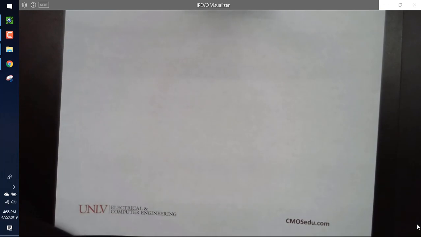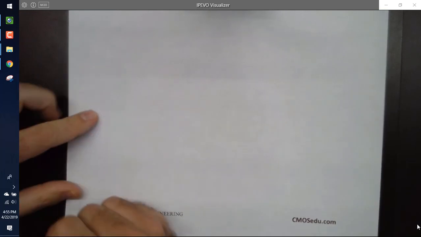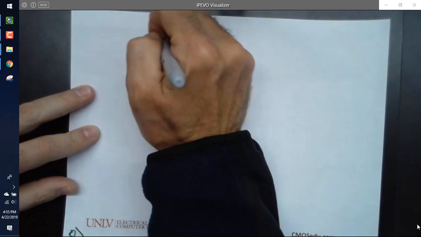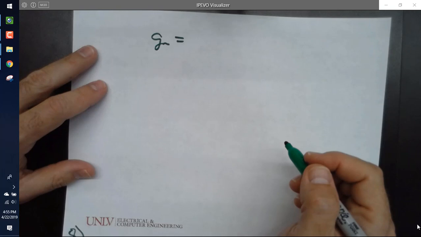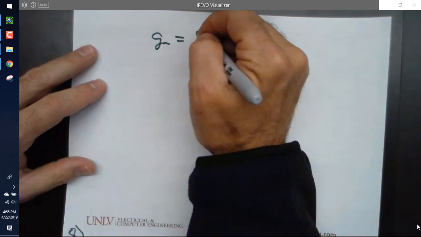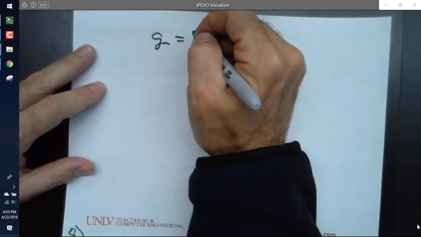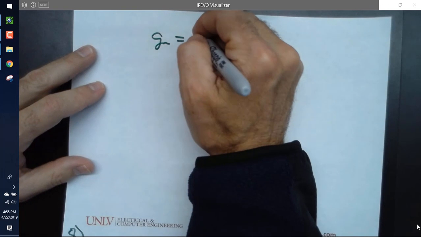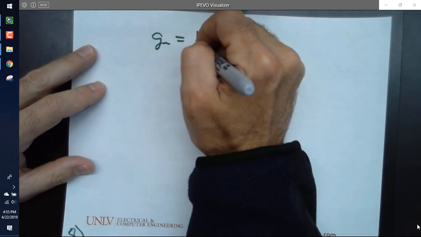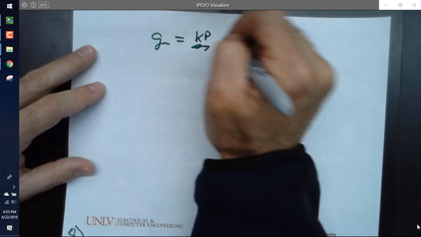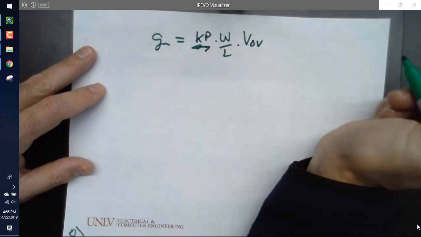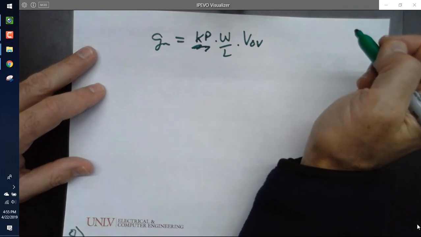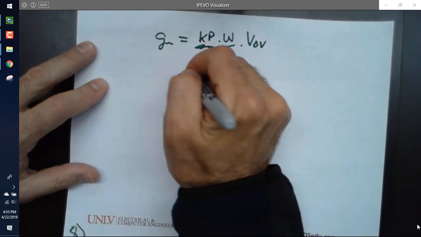Let's write the equation for gm in terms of the overdrive voltage. What is it? KP W over L times VOV. Anybody agree with that? What's another way of writing this equation?